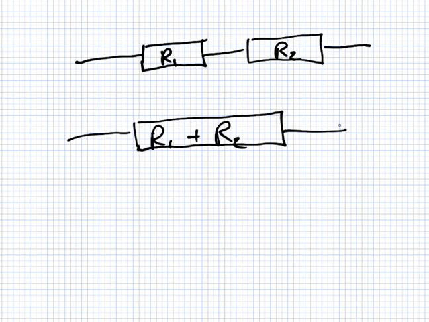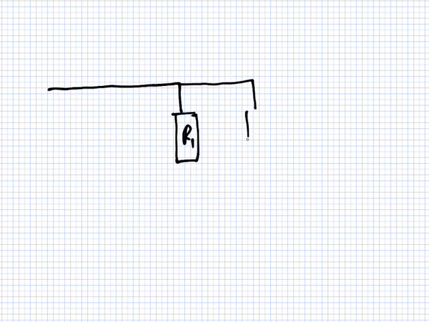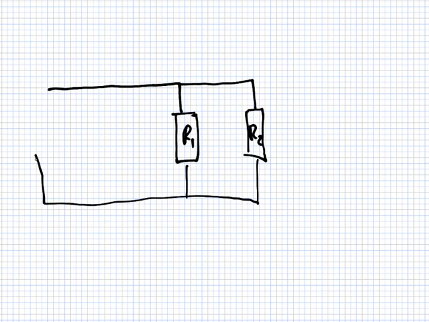But it is a little bit different when they are parallel. So for example, if you have them like this, one here, R1, and then another one here, R2, and then your battery here.